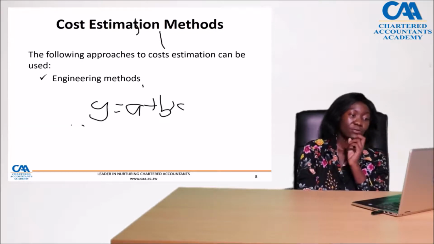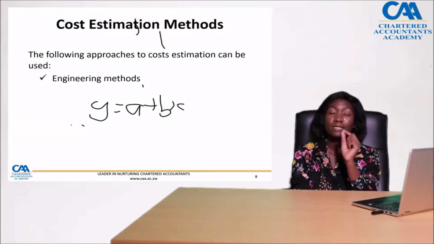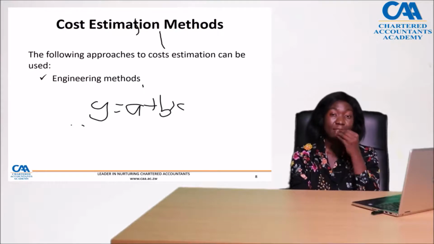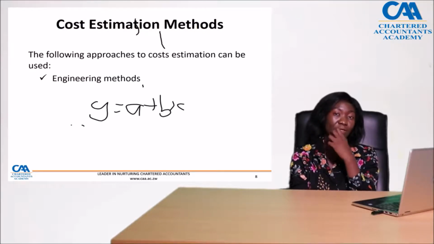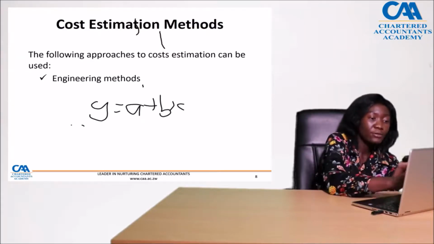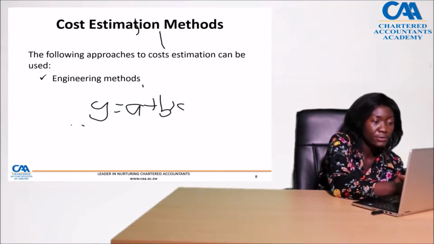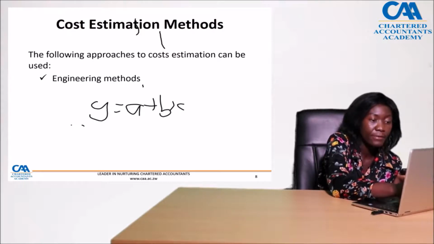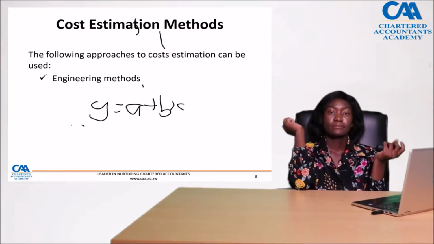I'll move on to the next one, which is the graphical or scatter graph method. As the name suggests, I use a graph to estimate my cost. I use the equation y equals a plus bx.